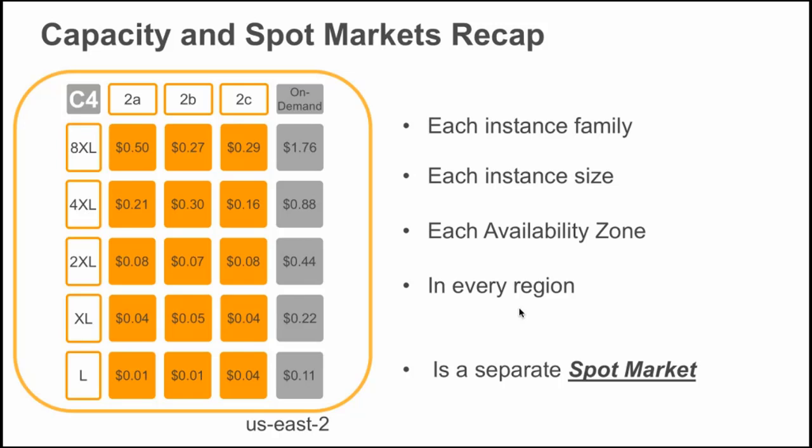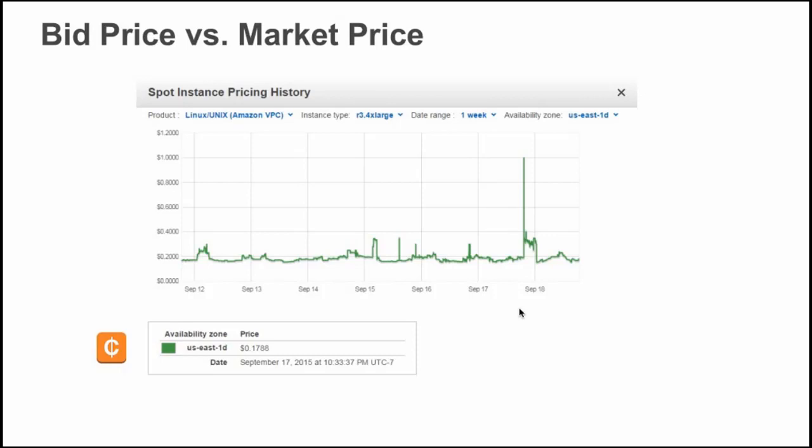And this is something that EMR instance fleets really shine at. When you ask EMR instance fleets to spin up your cluster and you say, I would like to use Spot instances, it will hunt down and find the cheapest availability zone with the most capacity and spin your cluster up in that availability zone.